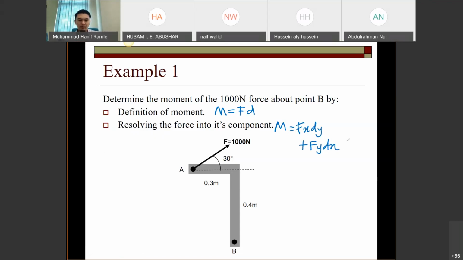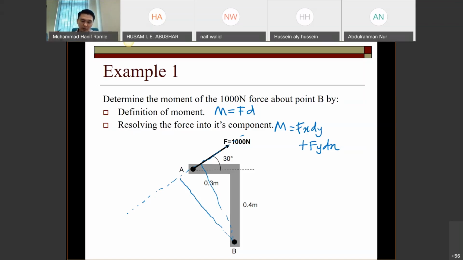So the first one, the definition of moment. Of course, it is tricky, and some students always make mistakes because of the distance. Basically you have to draw a line of action like this, and then we assume that D should be like this, for example. It can be from here to here as well; we assume it any way that you like.